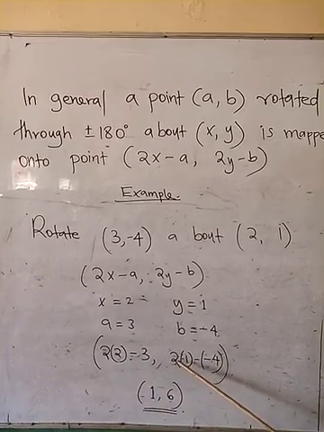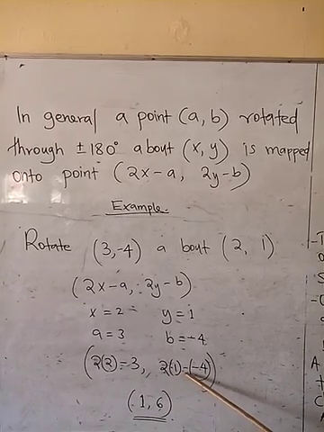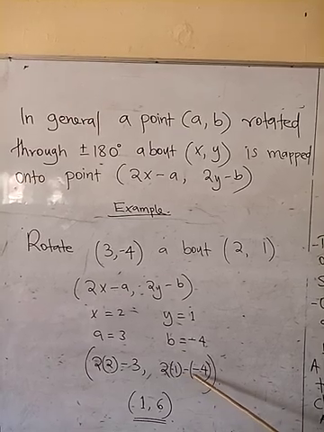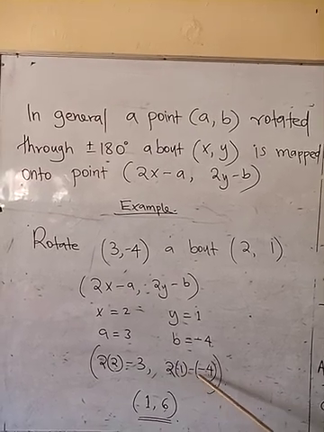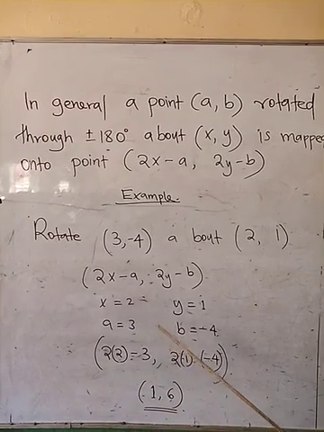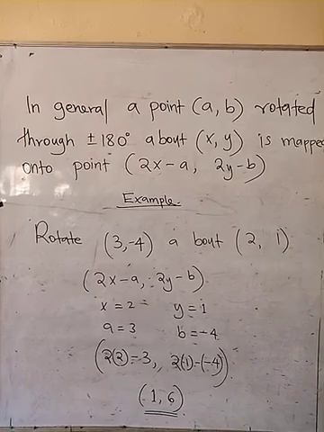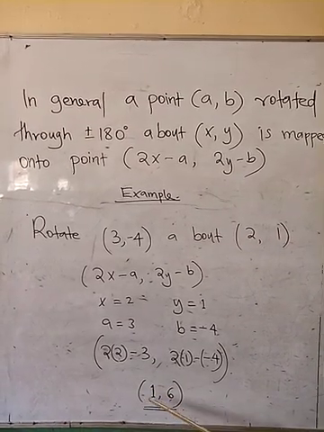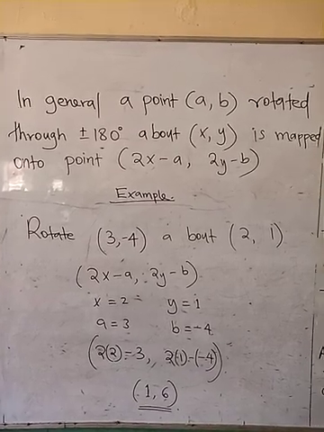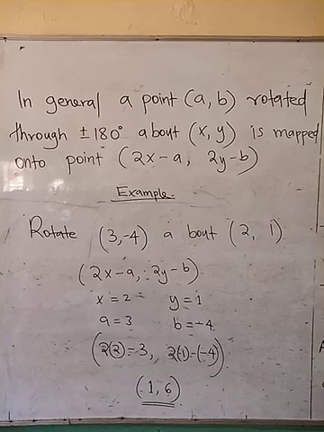Then we'll have 2 times 1 is 2, minus negative 4 gives us positive 4. Therefore, we'll have 2 plus 4, which is 6. Therefore, when we rotate the point (3, -4) about (2, 1), we'll have (1, 6) as the image of that point under rotation of 180 degrees.